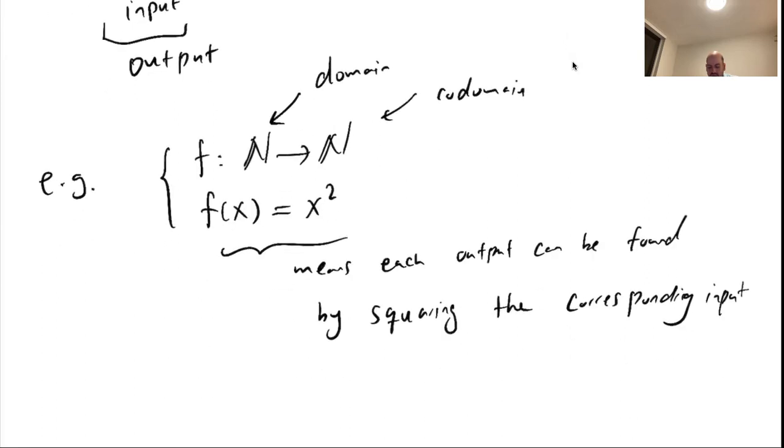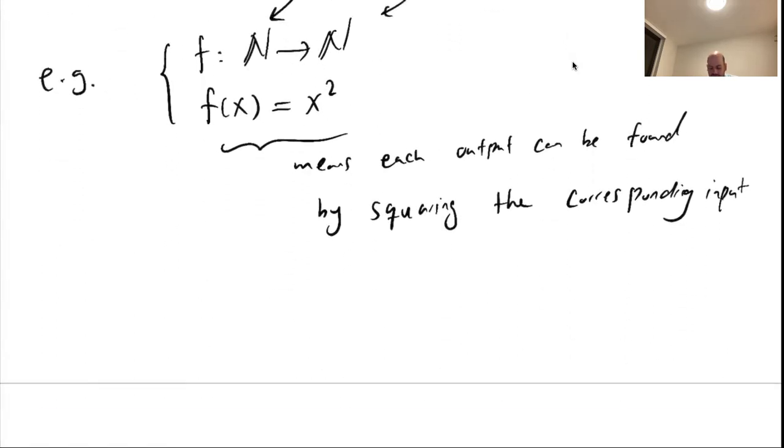And what are the inputs? Inputs are 0, 1, 2, 3. Because remember in your book, N is defined as 0, 1, 2, 3, all the way to infinity.